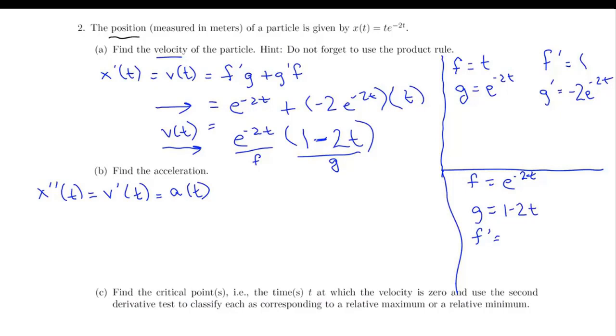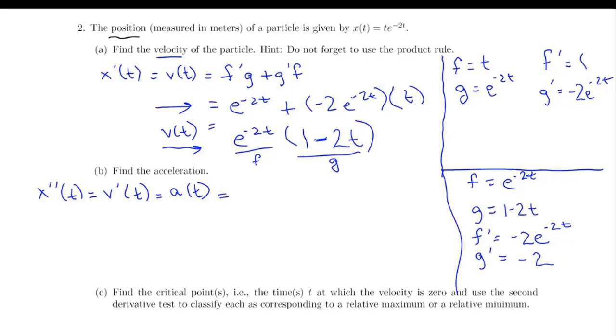Negative 2e to the negative 2t power. Perfect. And what's the derivative of g? Negative 2. Perfect. The derivative of a constant is 0. So the derivative of 1 is 0, and the derivative of minus 2t would be minus 2 because t becomes 1.